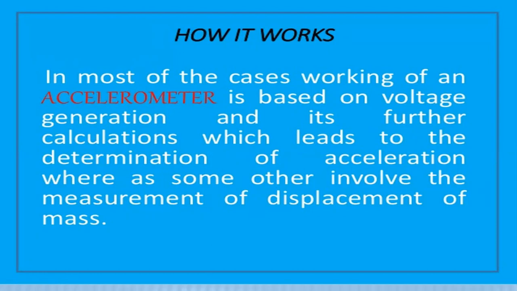Whenever we calculate acceleration, we use this type of accelerometer. First of all, it will generate the voltage. By this voltage generation, its further calculation leads to determining the acceleration. Some others involve measuring the displacement of mass.